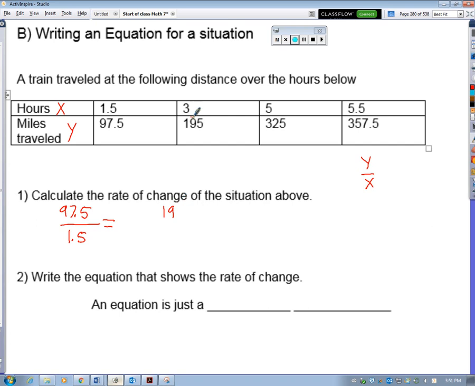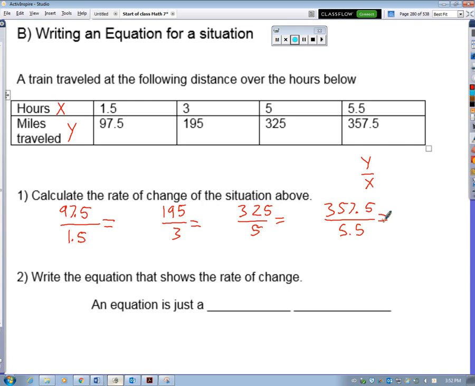Then these guys over here, we're going to take 195 over 3. Then we got this one over here. We're going to go 325 over 5. Alright, you guys are doing great out there. And then we got this one right here. We got 357.5 over 5.5.